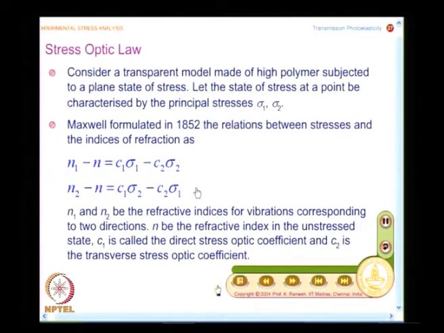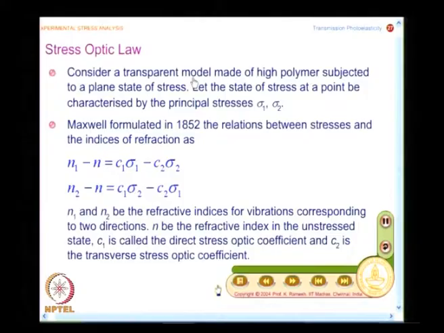What we are interested in here is n 1 minus n 2. So, I subtract these two equations, then I can group the terms. Mind you that C 1 and C 2 depend on the transparent model material that I am going to use.